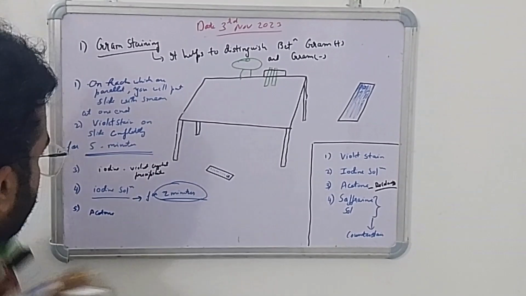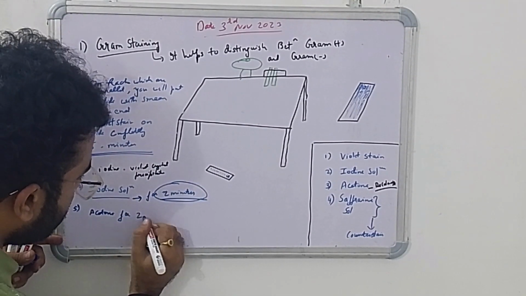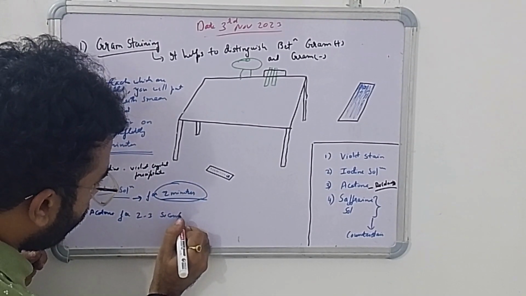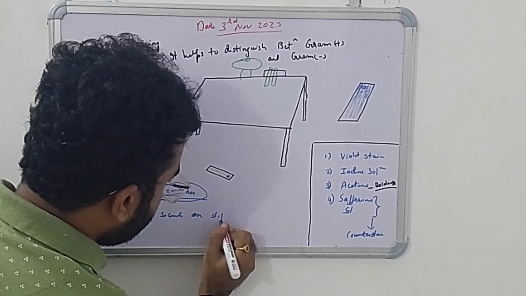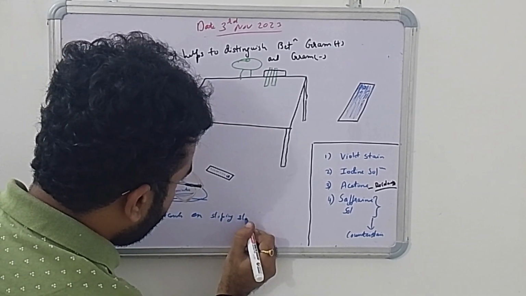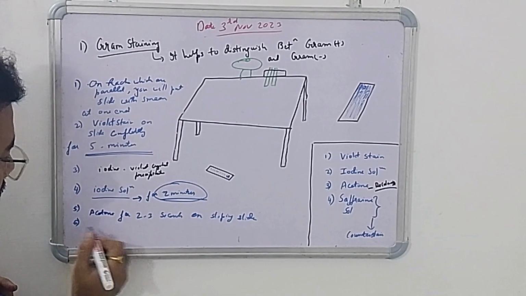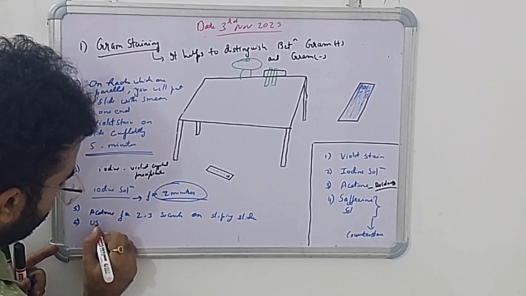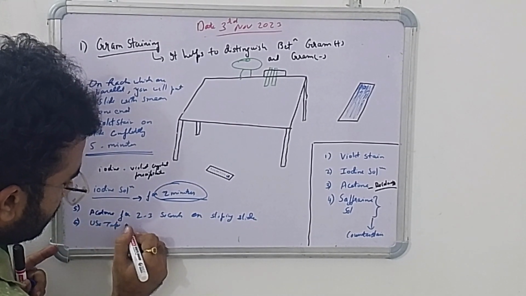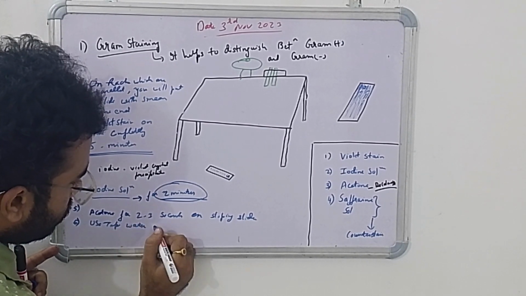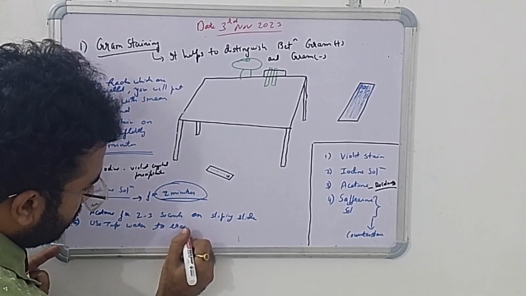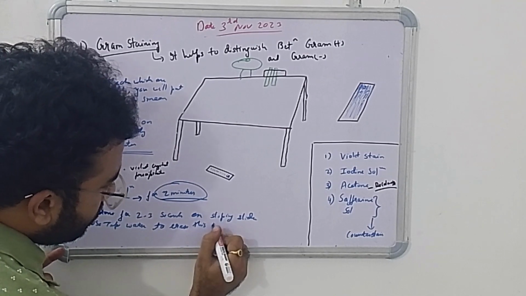So acetone for 2 to 3 seconds on the sloping slide, okay? After that, use tap water to erase this acetone.